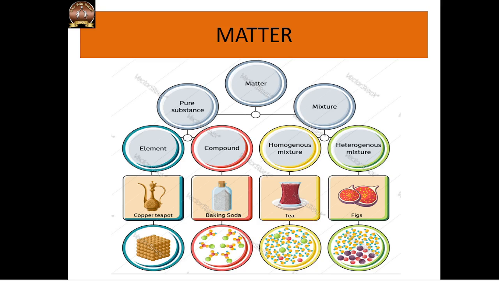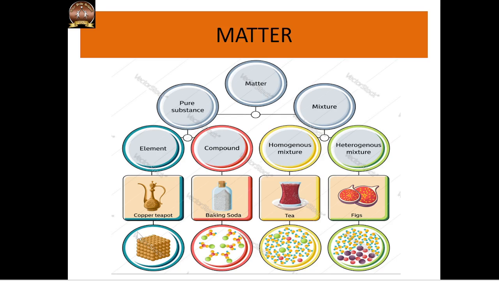And we have learned that there are only certain types of atoms that exist in the universe, and almost everything that we see and that has weight and occupies space is made up of these different types of atoms in various combinations or in their pure form. So matter which is made up of only a single type of atom, or a combination of types of atoms, that is molecules, is what we call pure substances.